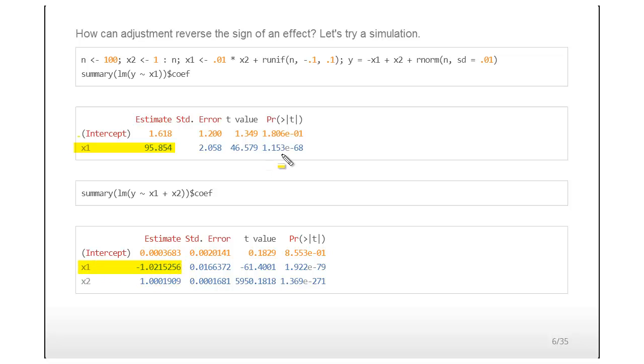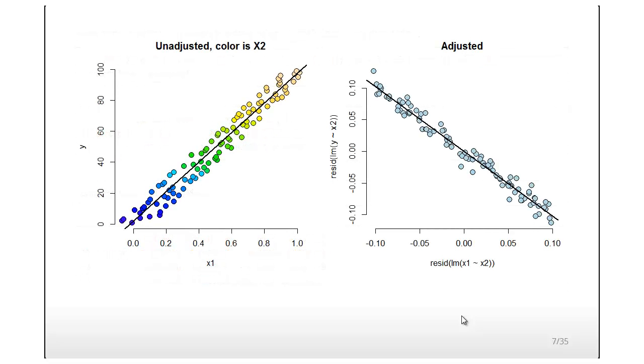And I did it so that all the p-values are ridiculously significant, 10 to the minus 68 and 10 to the minus 79. So what does this look like? Well, here's y and x1, and this is the unadjusted one, and you see this nice relationship.